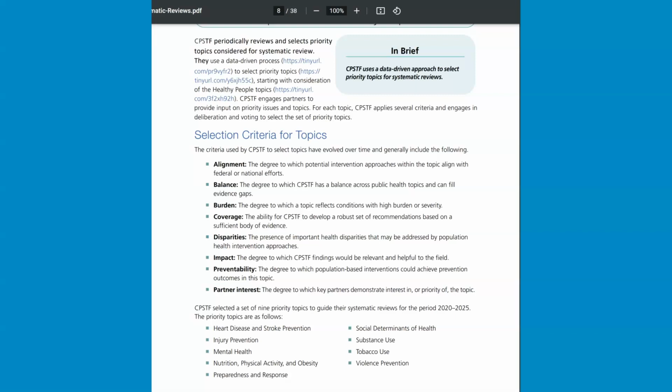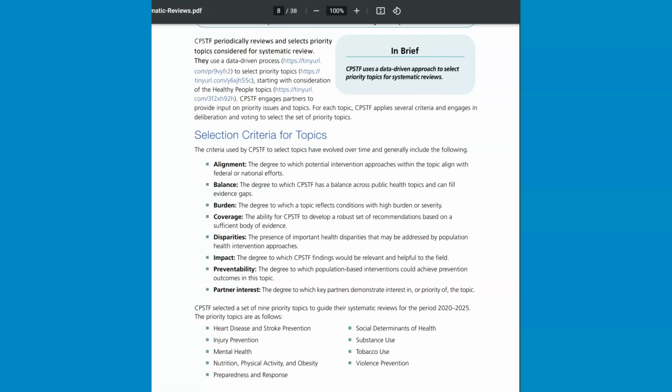And so for CPSTF, some of the priority areas which were selected based on alignment, based on balance, based on burden. I mean, if there's a high burden of severity, then definitely that's something worth exploring.